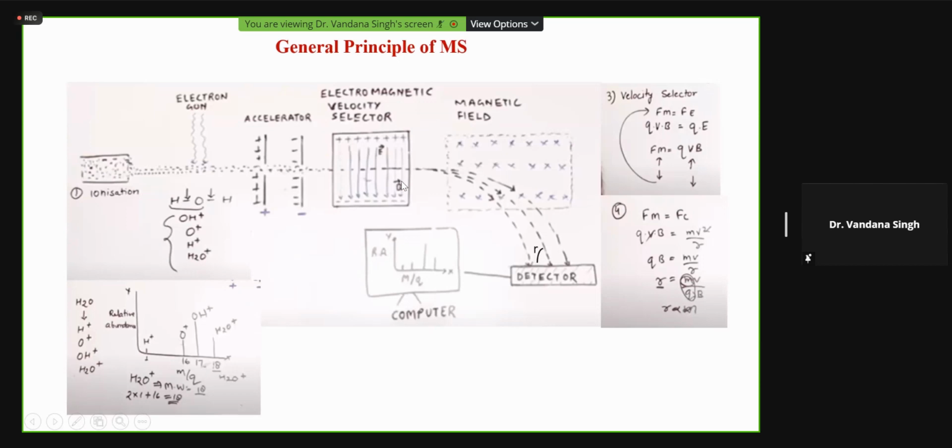Similarly, in the case of chemical ionization, we use certain gases like ammonia or methane at very high pressure and temperature, so these gaseous molecules get converted into radical species.